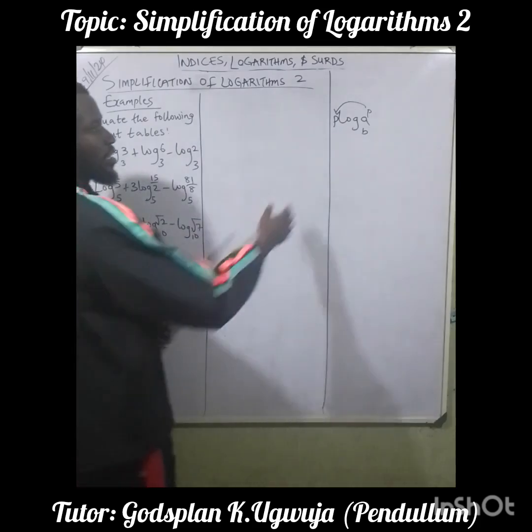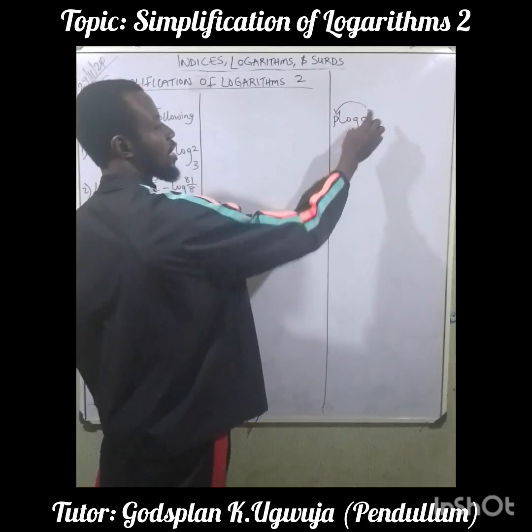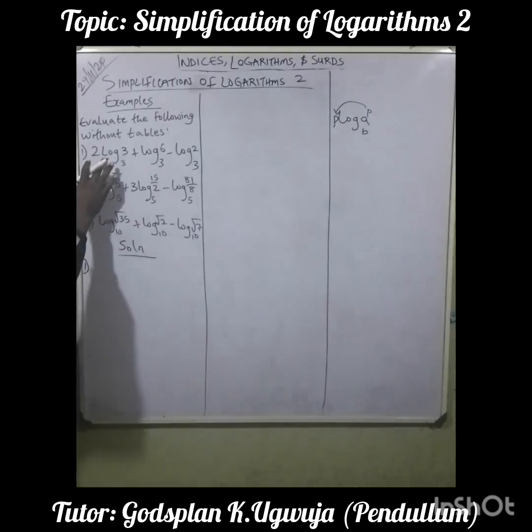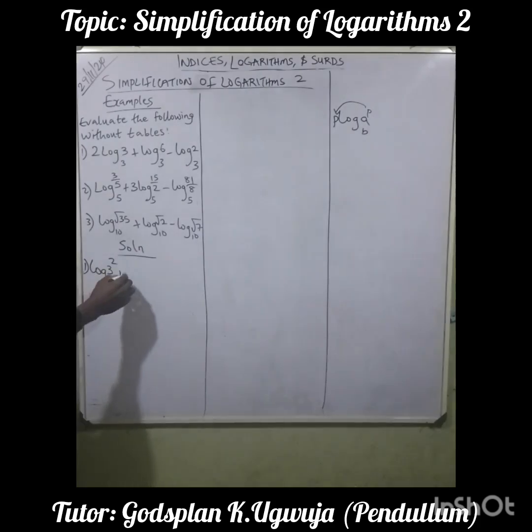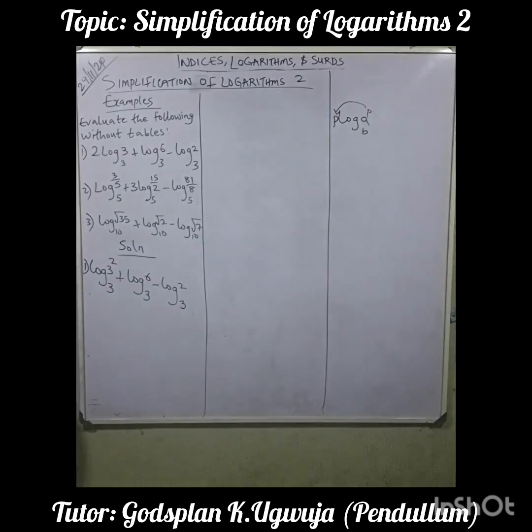It also implies that if there's a number in front of a logarithm, the number can be taken up to become a power without changing anything. So I can write this as log 3 raised to power 2, plus log 6 base 3 minus log 2 base 3. This is the first thing you do, write it in this way.